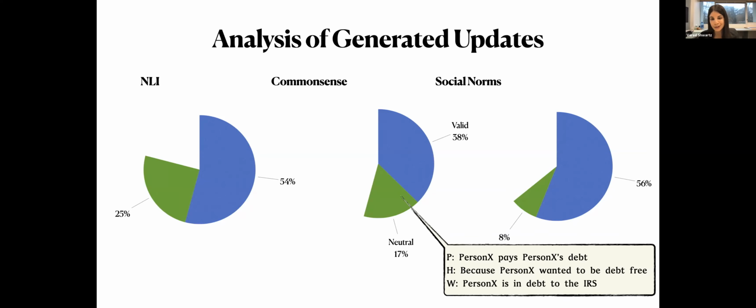Now, to me, it looks neutral. Like it doesn't make person X want to be less debt-free or more debt-free. Some people may interpret that differently. Maybe it's even a strengthener. Maybe if you have a debt to the IRS, you even more want to be debt-free, or maybe less. I don't know, but it doesn't seem like a weakener.